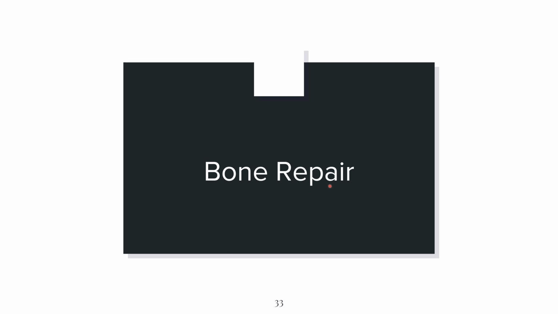So the direct bone healing will occur when a fractured bone is surgically stabilized, and the movement is restricted so that the bone is allowed to heal in a more stable process.